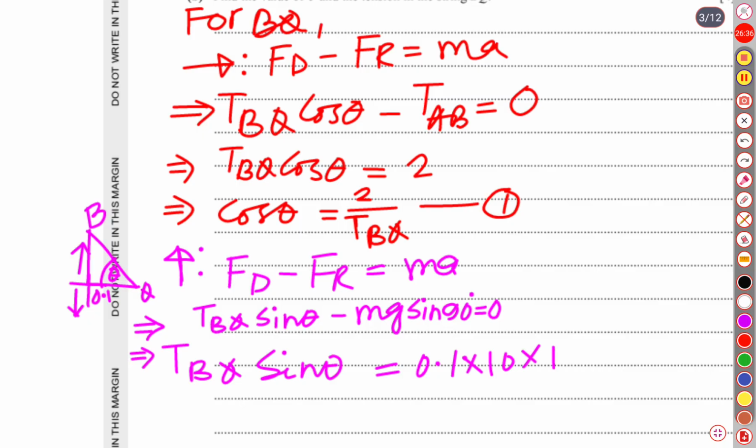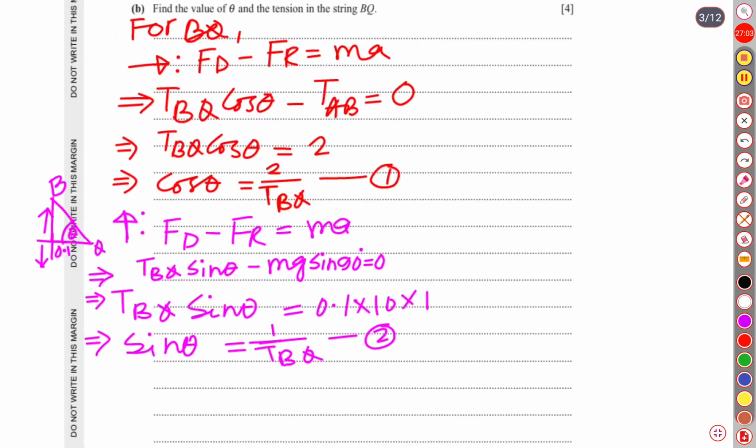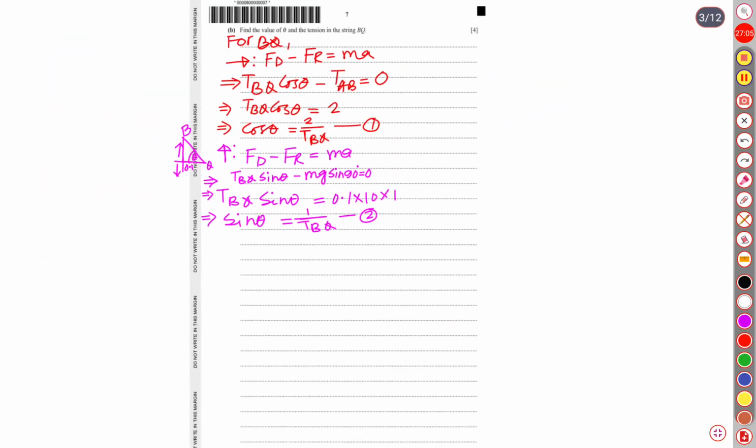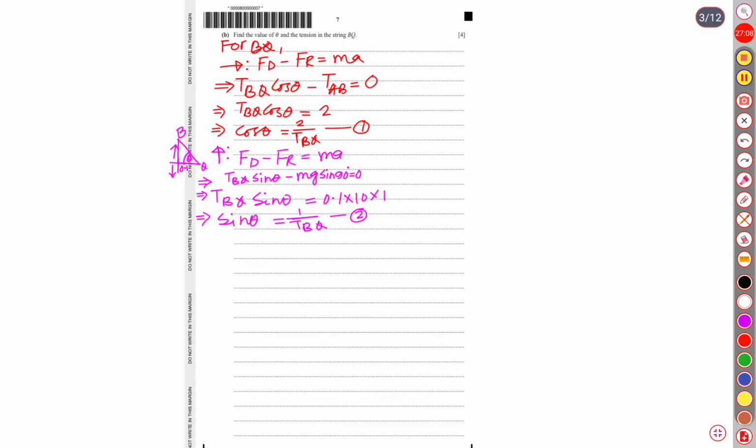Or if we isolate sine theta, it is going to be 0.1 into 10, that is 1, over tension in BQ. We may leave this as equation number 1. Equation number 2. Okay. Now from solving these equations simultaneously, we can write here from equation 1 and 2.